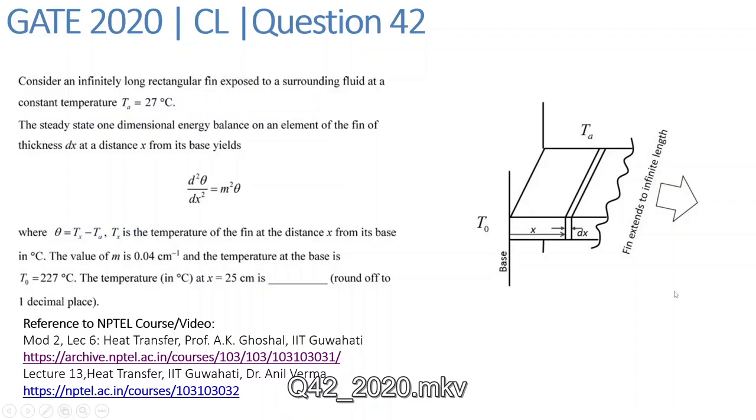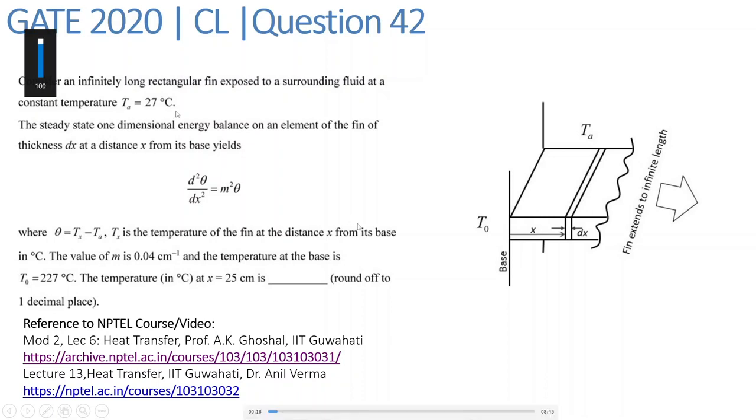Hello everyone. We will be solving question number 42 of GATE 2020 Chemical Engineering paper. The question is, consider an infinitely long rectangular fin exposed to a surrounding fluid at a constant temperature Ta equal to 27 degrees Celsius.